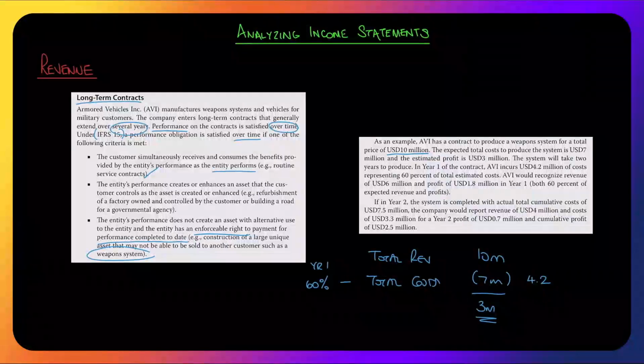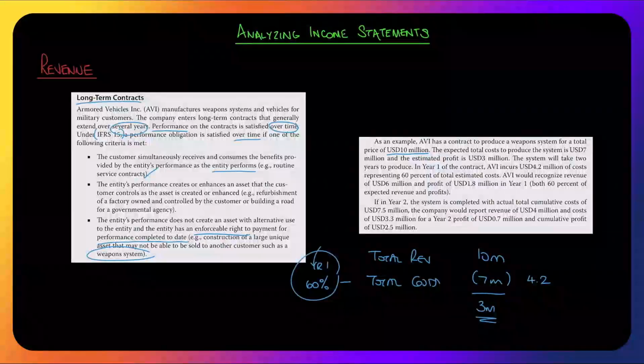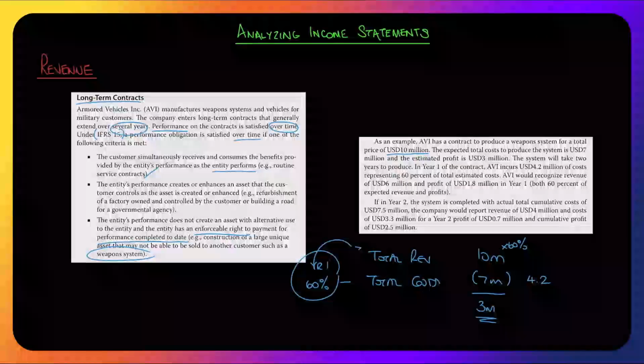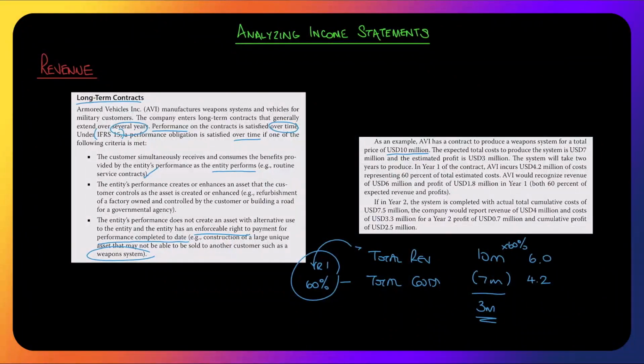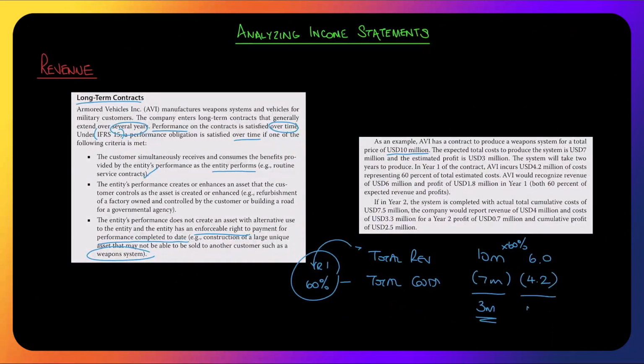Well, on this basis, we're saying if we've completed 60% in year 1, let's take 60% of our total revenue. 6 million, 4.2 in costs, 1.8 million in profit. So, recognize revenue of 6 million and 1.8 million in profit in year 1.